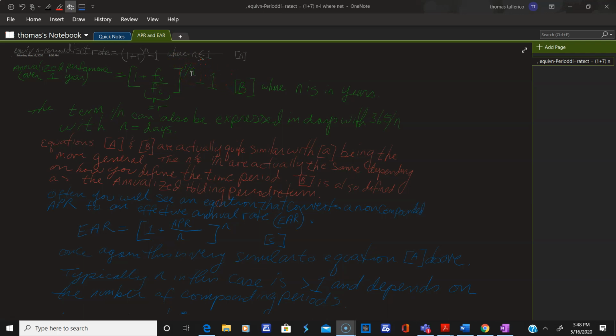Now, the term 1 over n can also be expressed, if you don't want something in years and you want something in smaller periods, like days, right? The term 1 over n can also be expressed in days, and you would just replace 1 over n with 365 divided by n, where n is the number of days, okay?